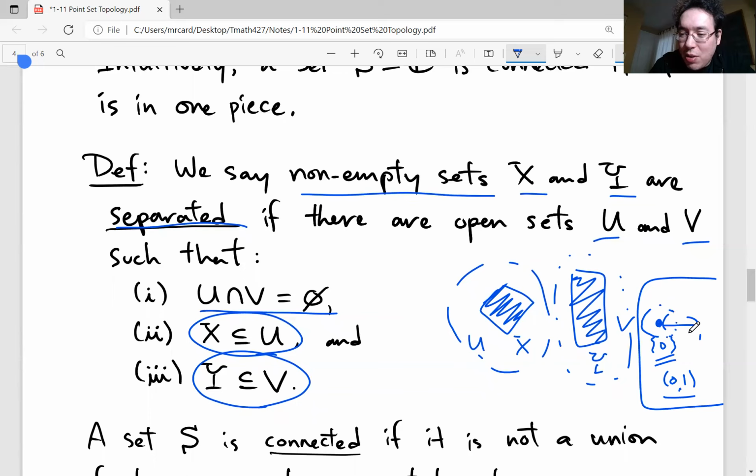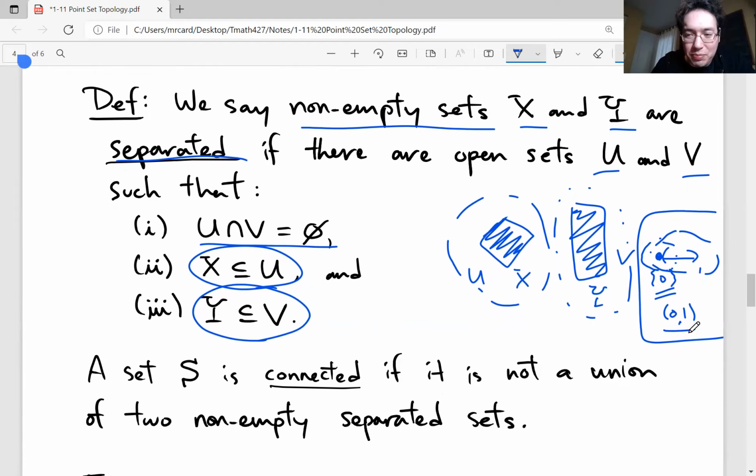So when you try to have an open set around it, no matter what, they're going to have to overlap, the U and V that contains the two parts. So if you think about weird cases like this, you'll begin to see why this definition is needed.